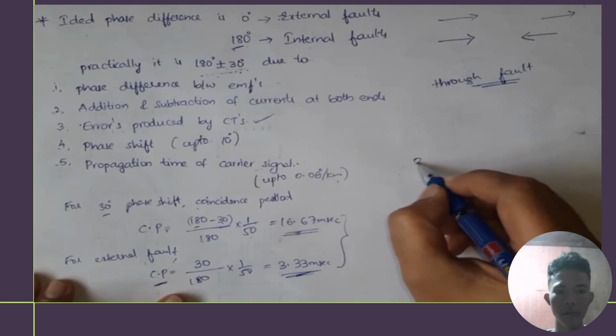So for external fault, the coincidence period is computed to be 30 over 180 times 1 over 50, which is equal to 3.3 milliseconds. So if you compare the calculated values, at external fault, the coincident period time is very small, and at internal fault, it is high.